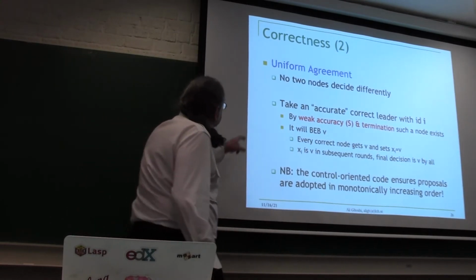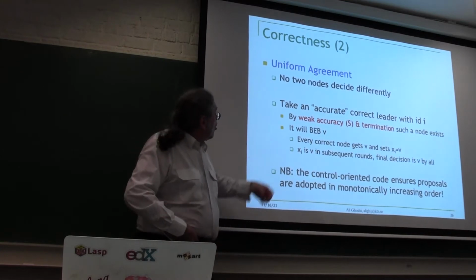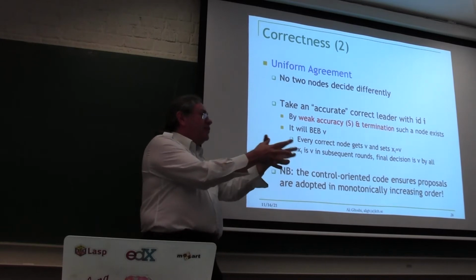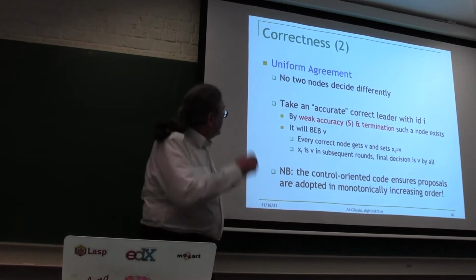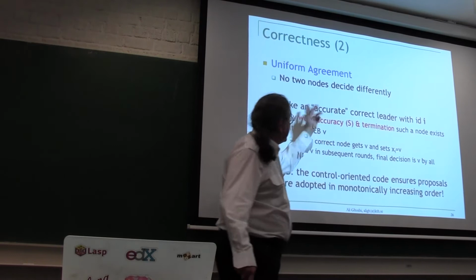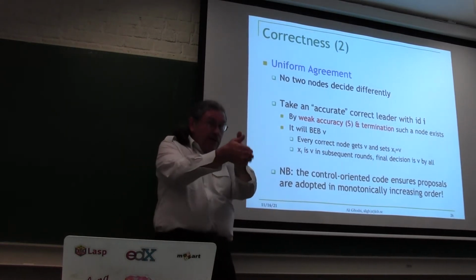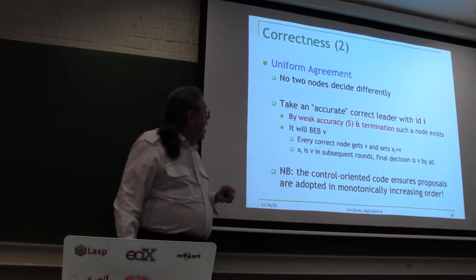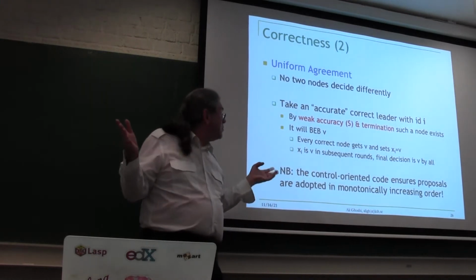The other thing is, will they agree? Because S has one special node that is accurate, we're going to take this one, a correct leader. Such a node exists, because that's what S means. This special node will do a best effort broadcast, and everybody else will get the message because they will not falsely suspect that node.